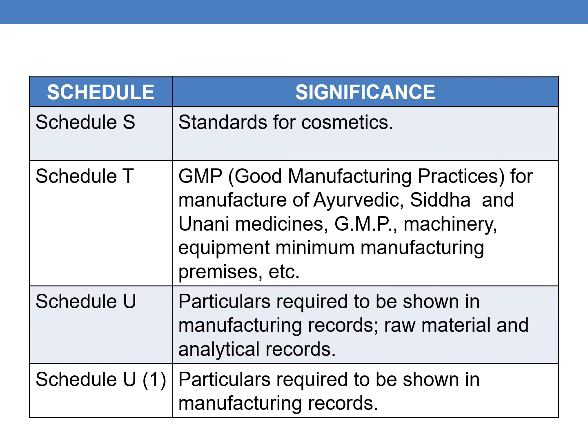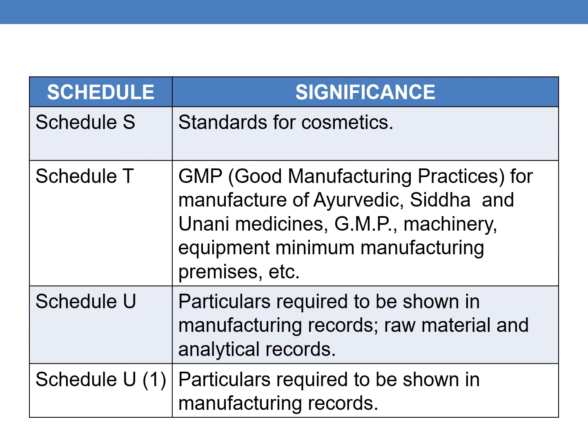Coming to Schedule S, it deals with the standards for cosmetics. Coming to Schedule T, it deals with good manufacturing practices for manufacture of Ayurveda, Siddha and Unani medicines, GMP, machinery, equipment, minimum manufacturing premises, etc. So Schedule M deals with good manufacturing practices.